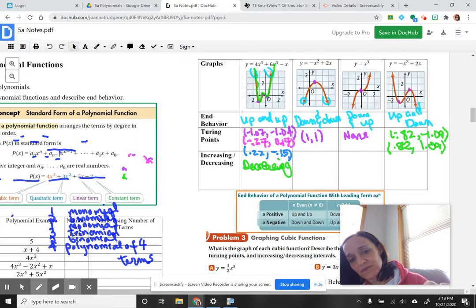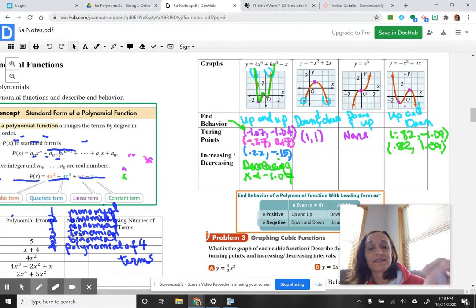And it's such a long word to write all the time. We do this in calculus a lot. It is decreasing when x is, and you always do it in terms of x, when x is less than negative 1.07, and I know that number because it's right here. That when x is less than negative 1.07, to the left of negative 1.07, it is decreasing.